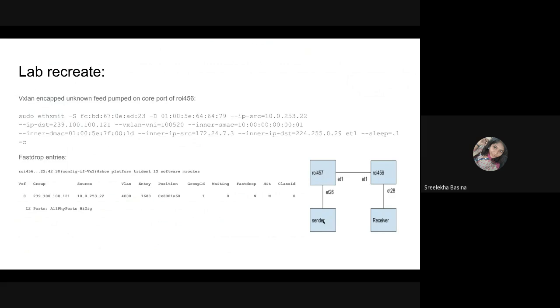Only if there is a receiver subscribed to it will the VTEP join the overlay multicast tree, which is the show IP mroute output that I showed you earlier. Only then will this VTEP's entry be present in the OL of the other mroutes, and only then should it receive the traffic. So there is no way the unknown feed could be received by a VTEP.